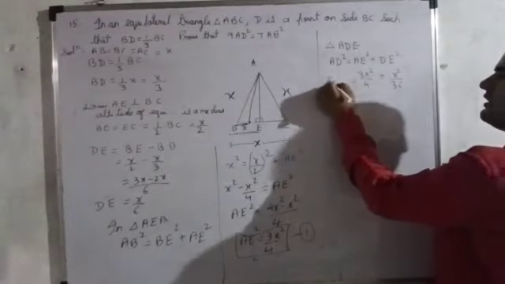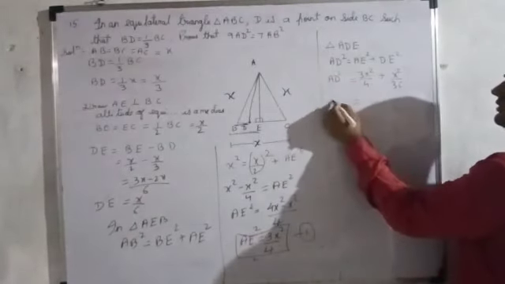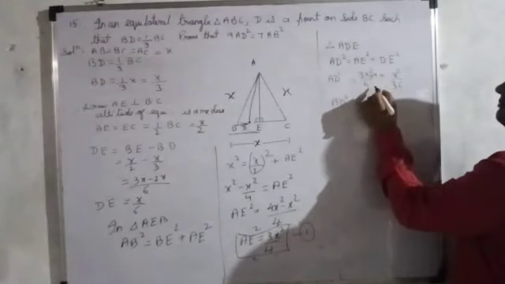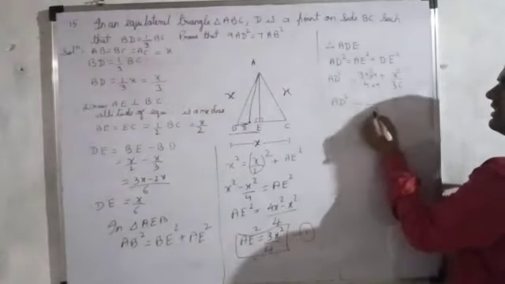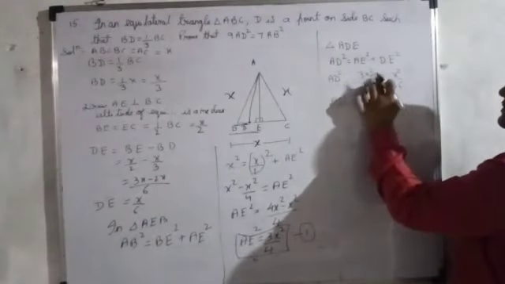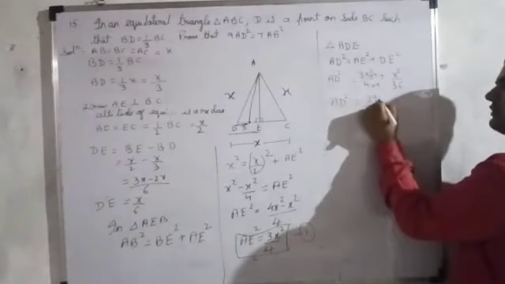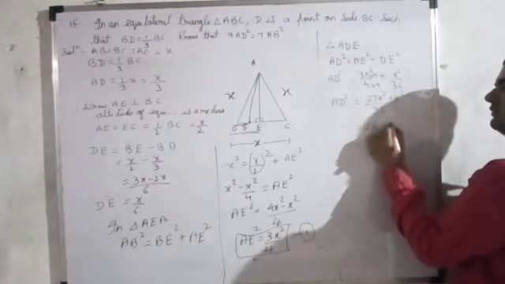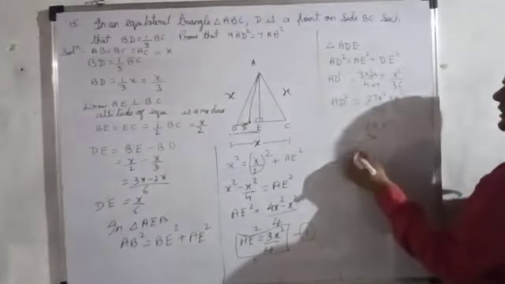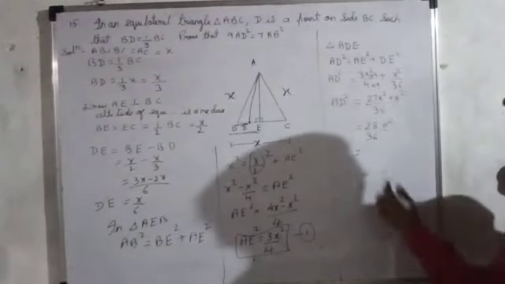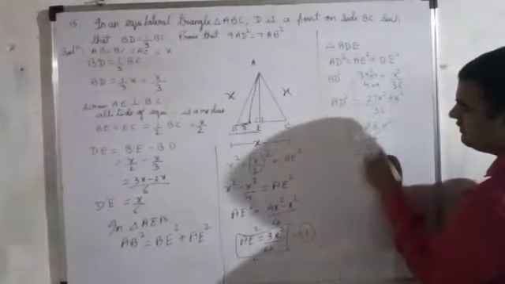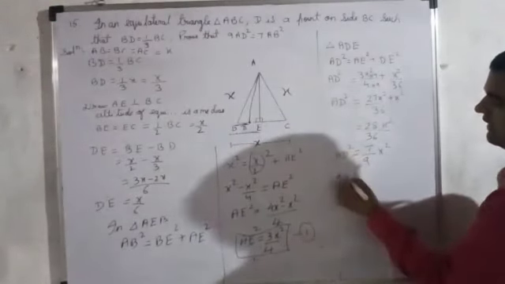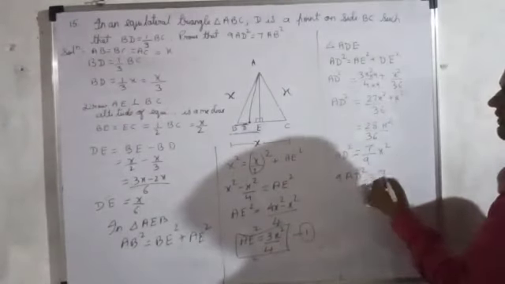Now what will the LCM of this be? AD square equals, with LCM in the denominator 36, 3 into 9, 27x square plus x square, 28x square. And 36 is divisible by 4: 4 7s are 28, 4 9s are 36. Cross multiply. 9AD square equals 7x square. x is what?